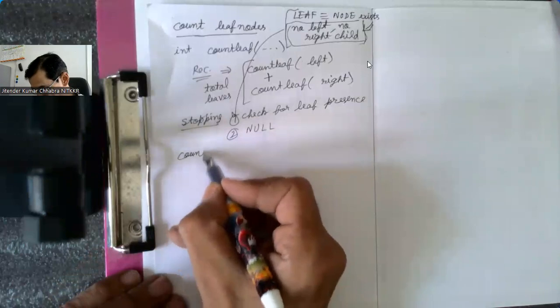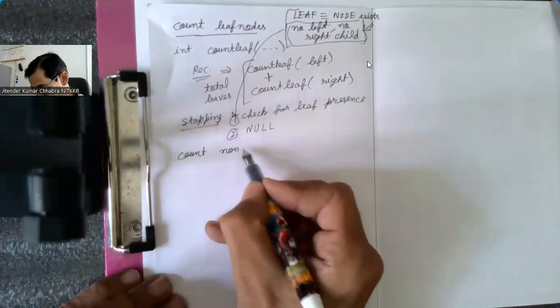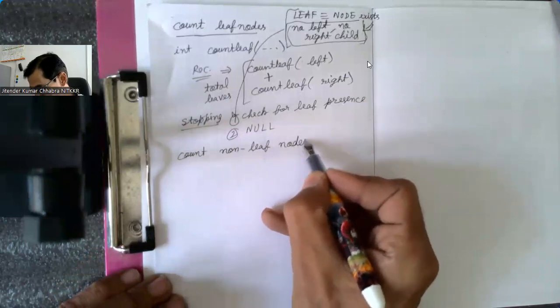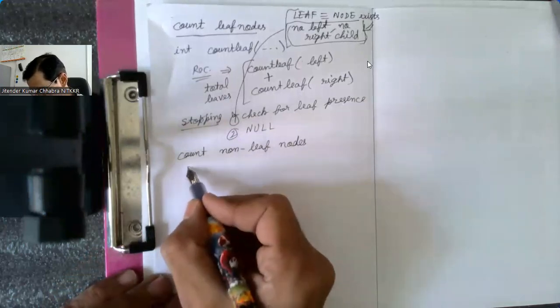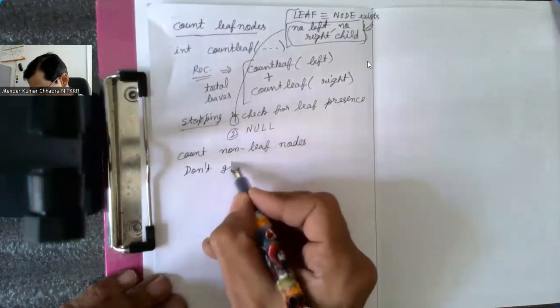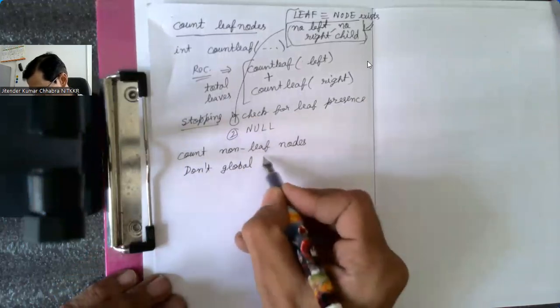Count non-leaf, I will leave it to you and think in these terms. But remember, never use global variables or static variables to do this.